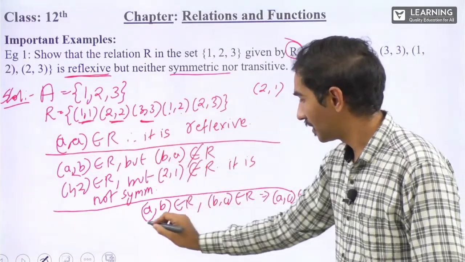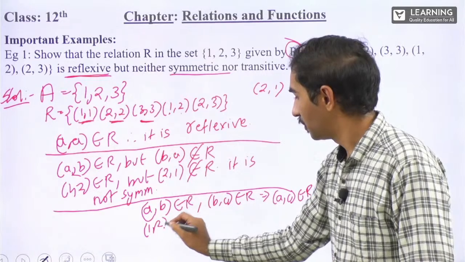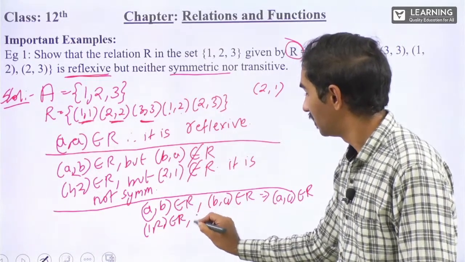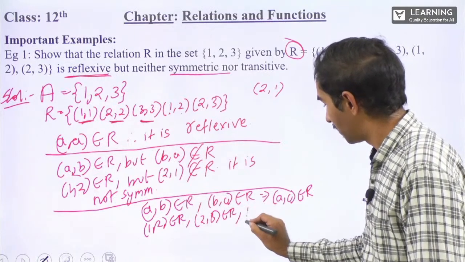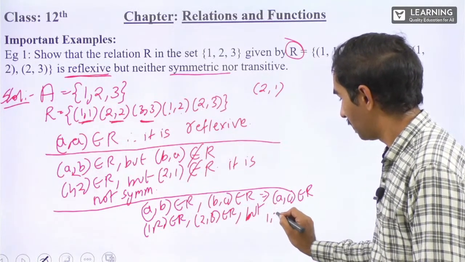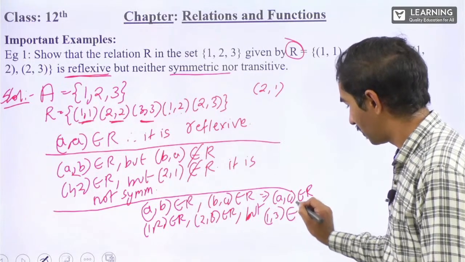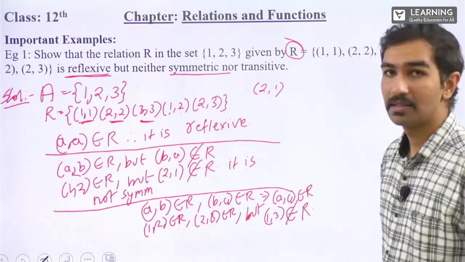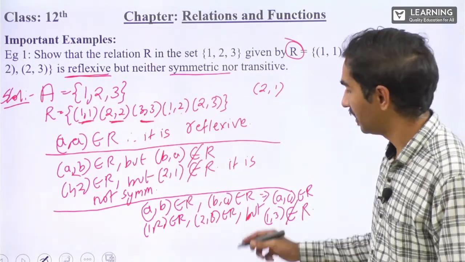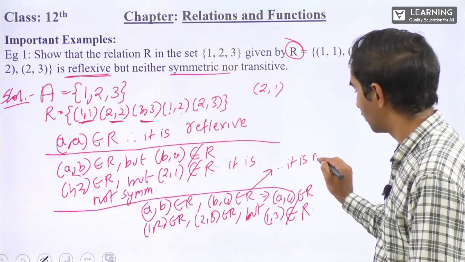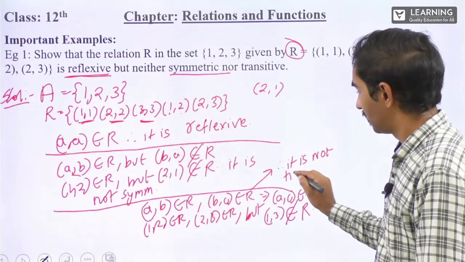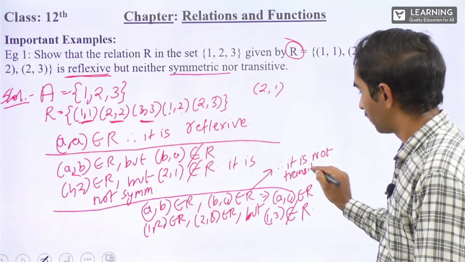So here we can write with an example: (1, 2) belongs to R, (2, 3) belongs to R, but (1, 3) does not belong to R. Correct. So therefore we can tell it is not transitive.